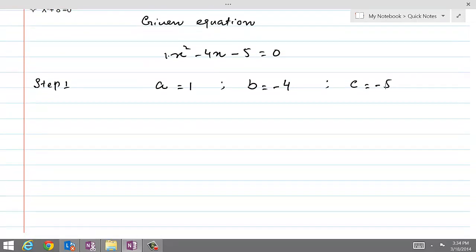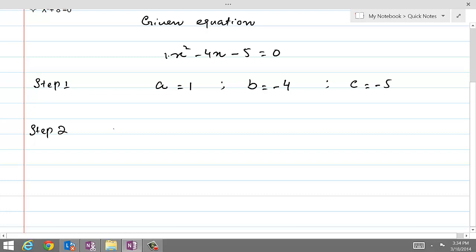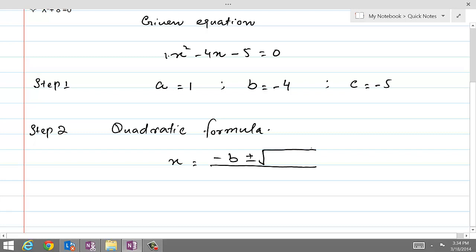Now write down the quadratic formula, which in fact should be memorized. Step 2. The quadratic formula is x equal to minus b plus minus the square root of b squared minus 4ac, over 2a.